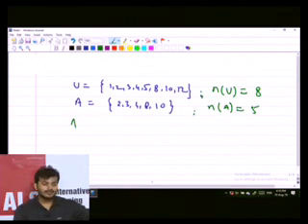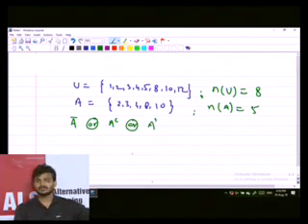Now if I define a complement set, which is A bar or A apostrophe or AC, there are different denotations we can use, all three are the same.